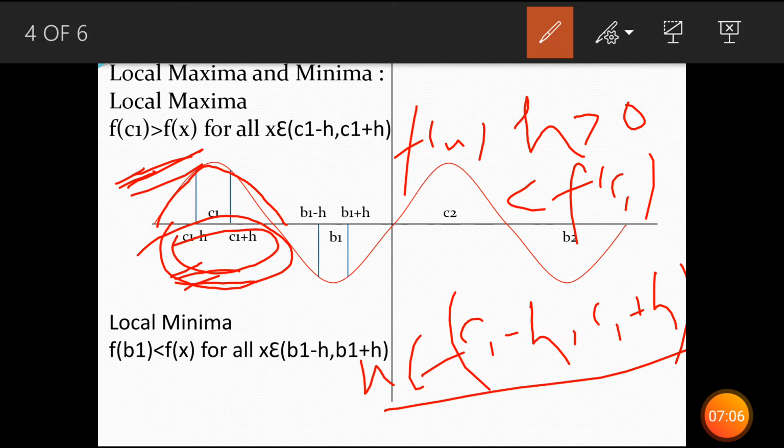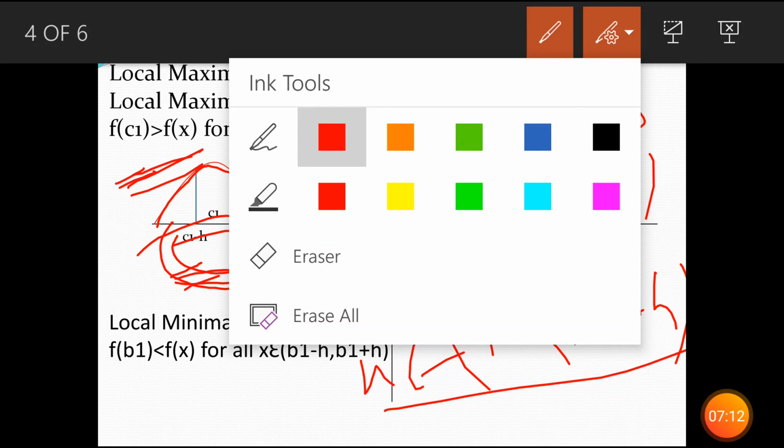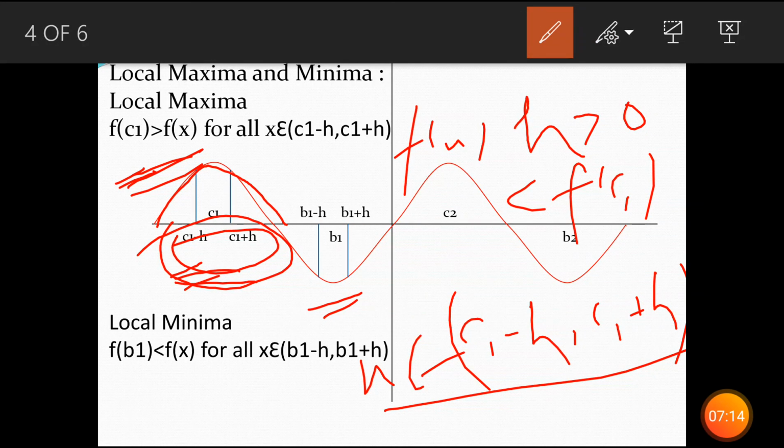If we talk about the local minima, it is the same theory. You can see here that we have chosen b1 minus h and b1 plus h. In this particular interval, if we take any x, then f(x) will always be greater than f(b1).